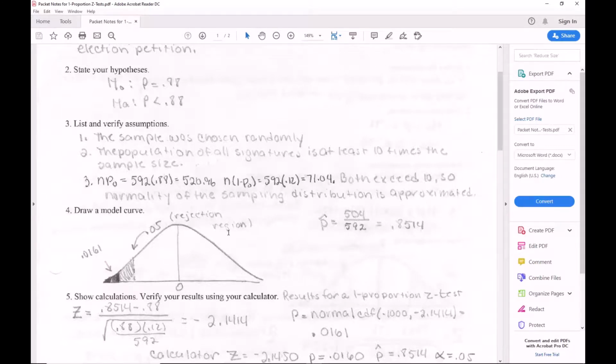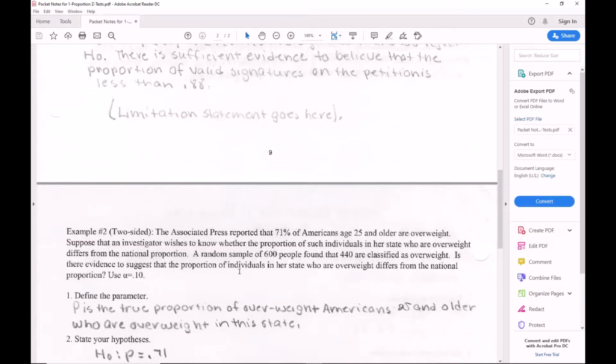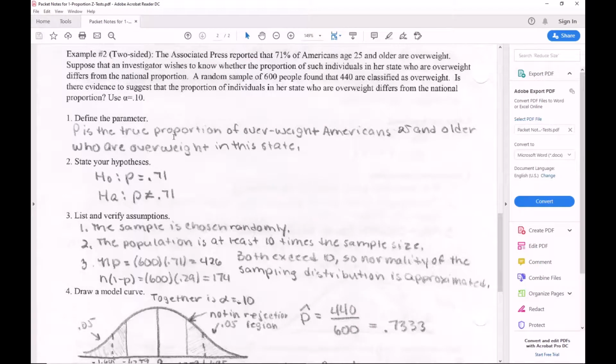But what if you're just going with not equal to? Not equal to is the next one, and that will be two-sided. See, two-sided? And there's a key word that usually pops up that'll allow you to know when you have a two-sided alternative, right? In the problem, Associated Press reported that 71% of Americans 25 or older are overweight.